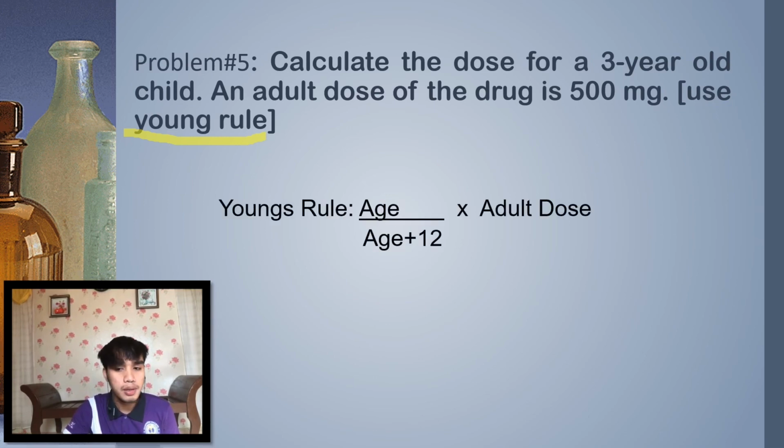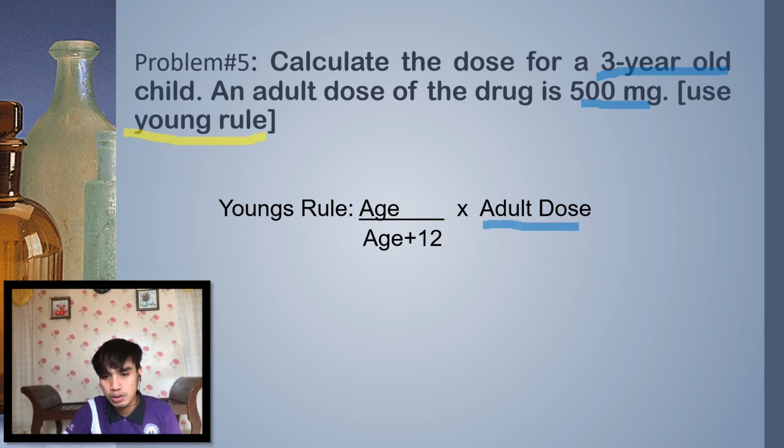The formula for Young's rule is age over age plus 12, multiplied by the adult dose. So it's simple. The given 3-year-old will be directly substituted for the age, and the 500 milligram, which is the adult dose, will be directly substituted in the formula.